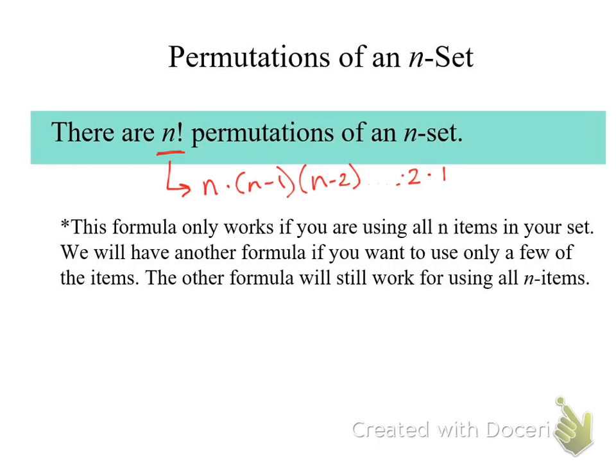So for example, 4 factorial is 4 times 3 times 2 times 1, which is 24.